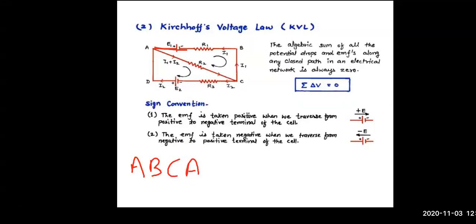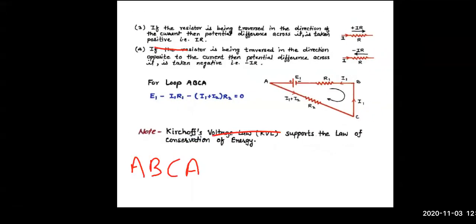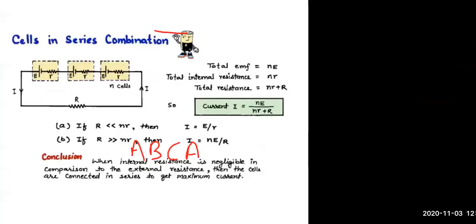As you are moving from positive to negative, means you are going towards negative potential, means your potential is getting lower, right? Moving from positive to negative means you are decreasing, your value is decreasing. So when you are moving from positive to negative, at that time your EMF, you are going to consider it as positive. So let's move.